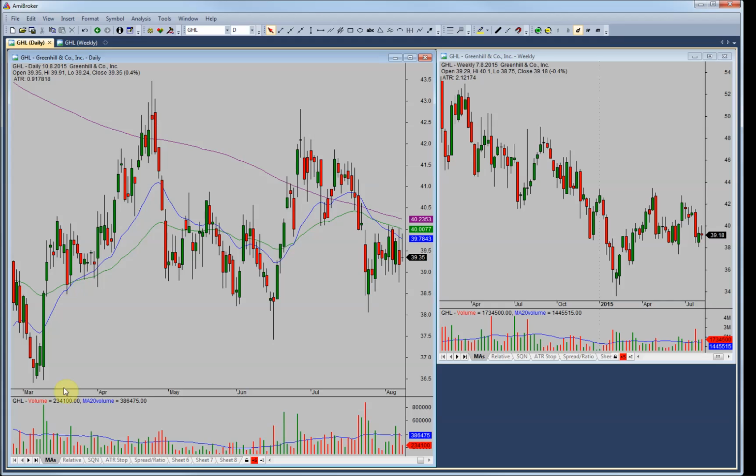So let's look at this daily chart of the GHL ticker, and you can see a Head and Shoulders here. Here is one shoulder, here is the head, and this is the second shoulder. It is also something like a double top formed here.